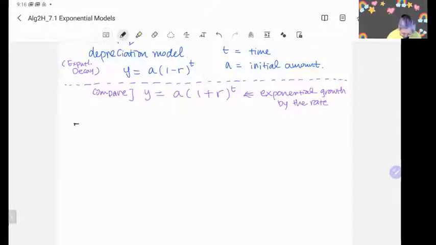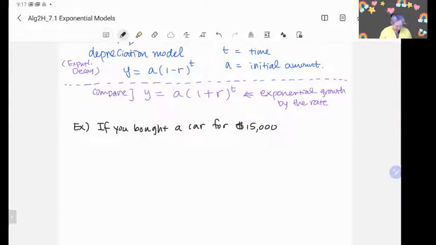Okay, example. Let's go with the past tense. If you bought a car, let's say you bought a car for $15,000.